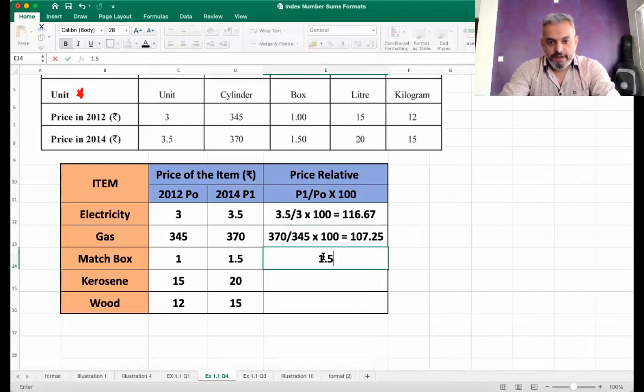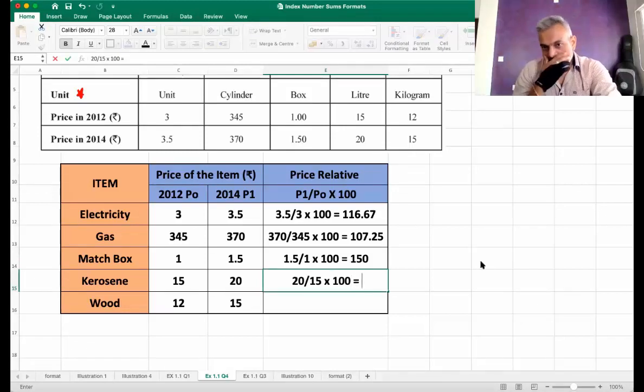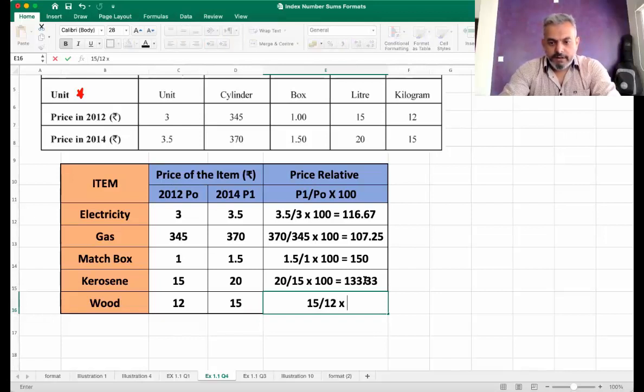Then 1.5 divided by 1 into 100, which is equal to 150. 20 divided by 15 into 100, which is equal to 4 divided by 3, 133.33. Wood. 15 divided by 12 into 100 is equal to 125.